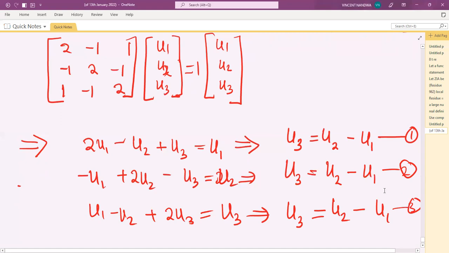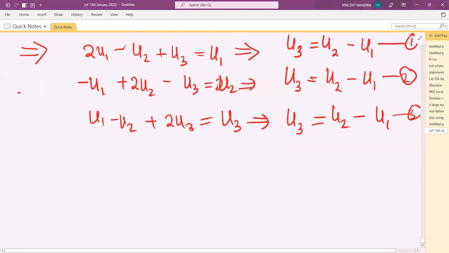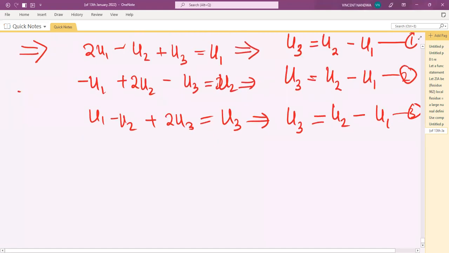So all these three equations are the same. So we say let U1 and U2 be some fixed real numbers.